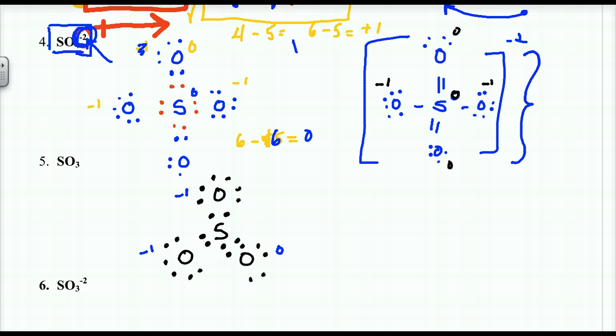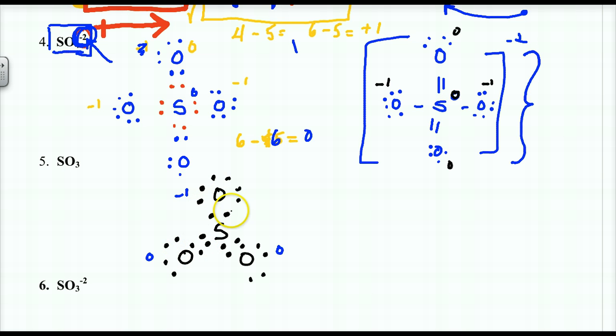All right, now I am going to create another double bond. That double bond here would give me a 0 for this oxygen, right? Now it's half of its bonding and lone pairs, 6 minus 6.